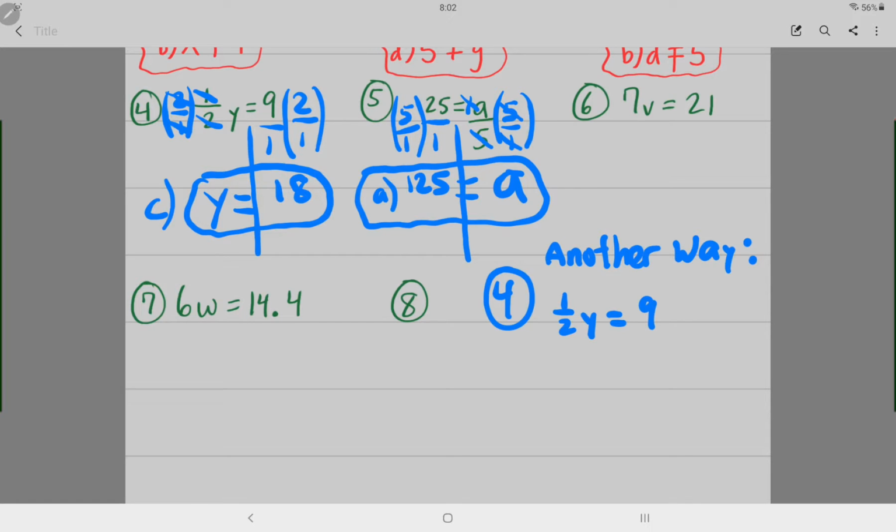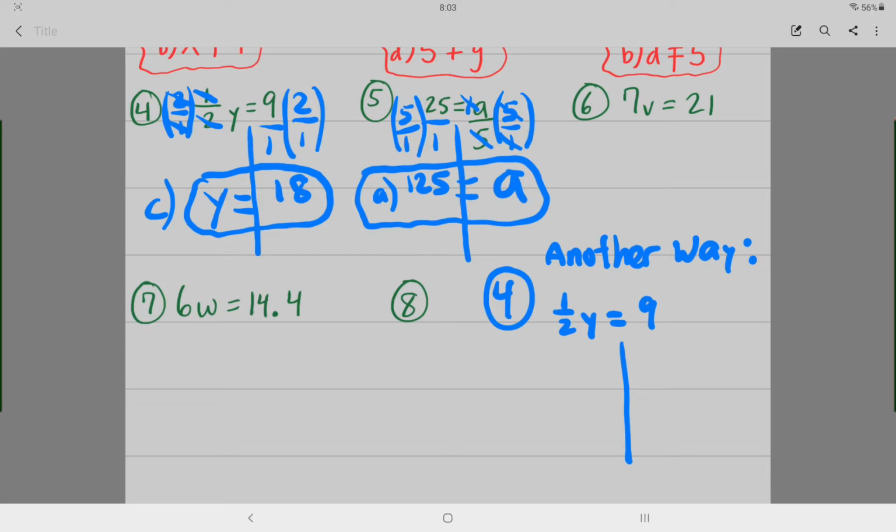Instead of multiplying by the reciprocal of 1/2, which is 2 over 1, like how we did in number 4, what you could do instead is, if you see this as a multiplication problem, 1/2 times y, we know that, okay, equal sign, draw the line. But we know the inverse, the opposite of multiplying, is to divide.